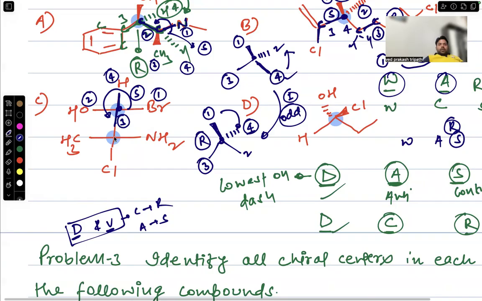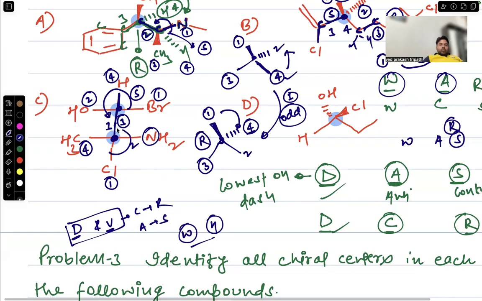Okay. Now tell me the bottom one. Chlorine 1, nitrogen 2. This upper bond would be my 3 and this would be 4. So wedge and horizontal have the same rule, meaning flip your answer.